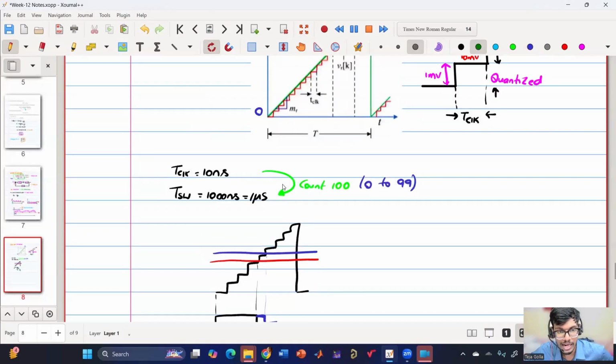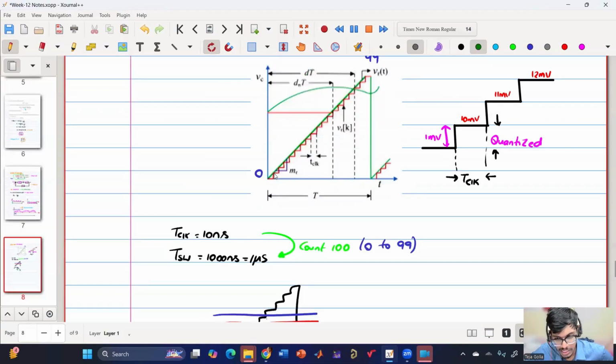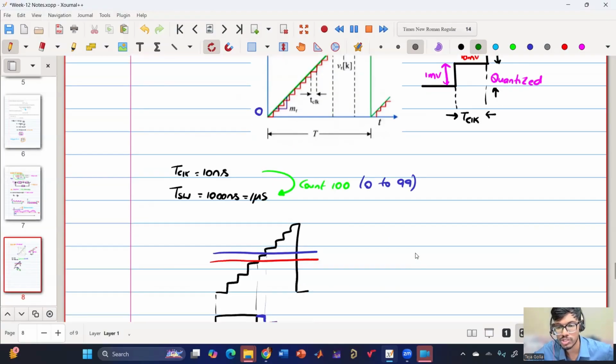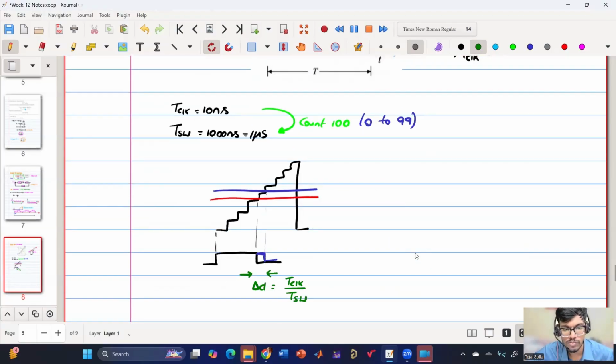After 0, the minimum duty ratio that I can get is T clock by TSW. Next is 2 T clock by TSW, 3 into T clock by TSW, and so on up to counter value into T clock by TSW, which is 1. So the duty ratio is incrementing in terms of T clock by TSW. Is this point clear to everyone?